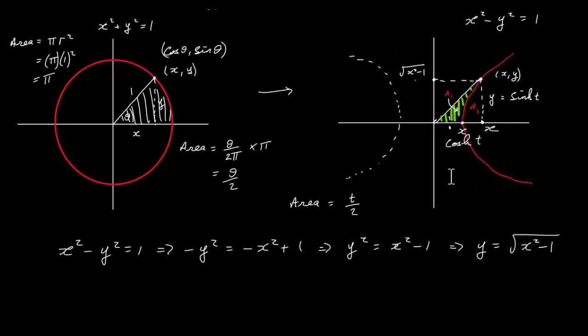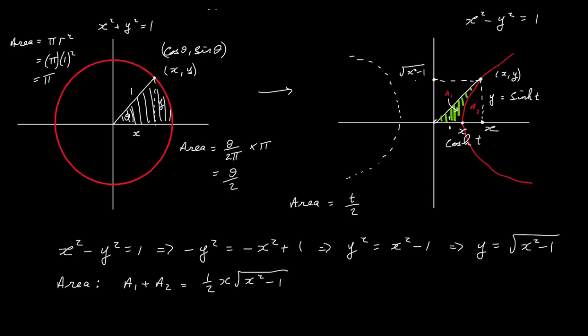Now, first thing we're going to do is have a look at A1 and A2 here. If we add those together, that gives us the area of our triangle, which is half the base times the height. So the area of, let's say, A1 plus A2 is going to be half of x times the square root of x squared minus 1.